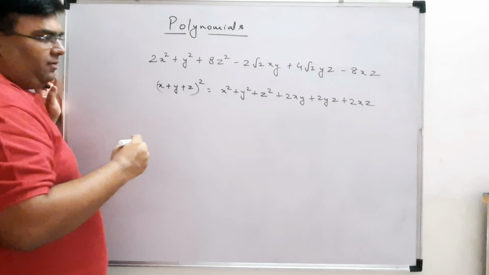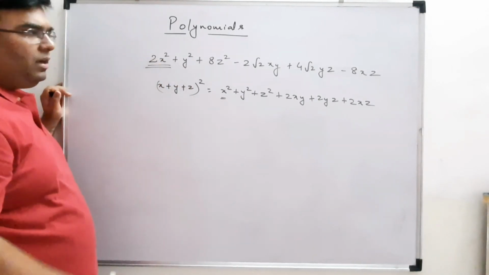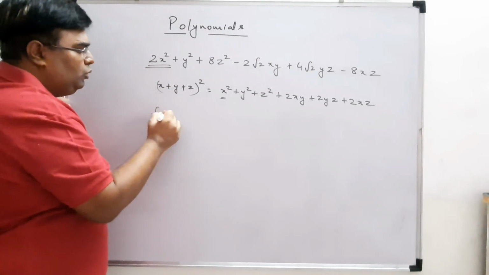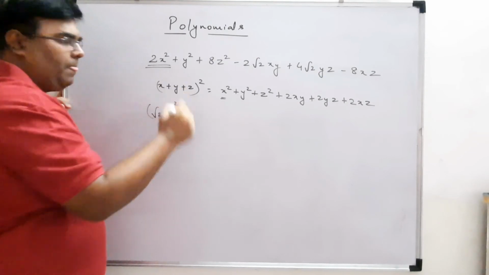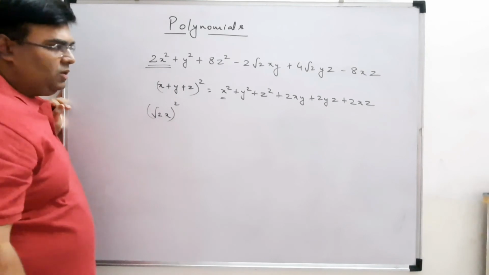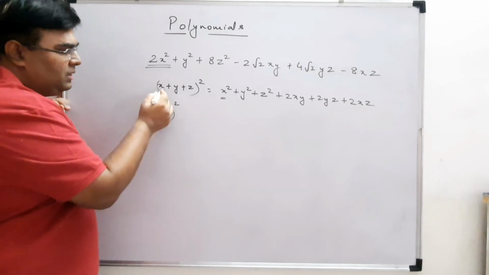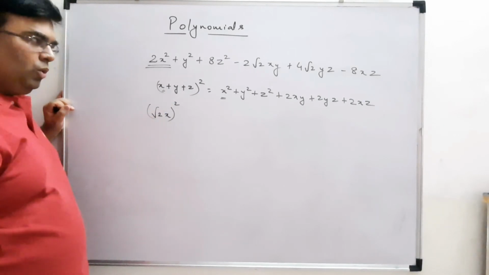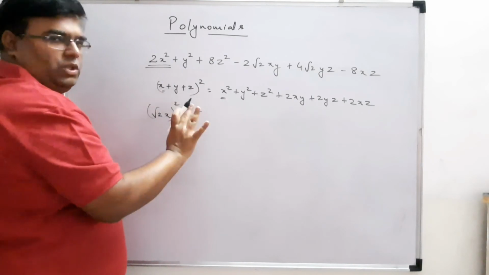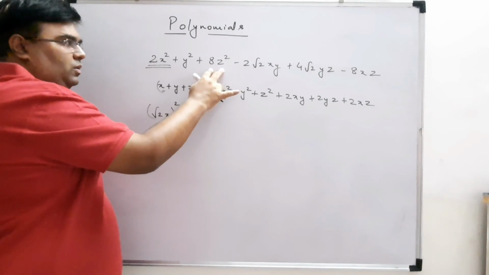My first term is x square, and can we make the whole square here? It will become root 2x, so that root 2 square will become 2, x square will become x square. So we have got our first term here, root 2x. We can simply replace this x by root 2x. Let us check other terms also. Y square is simply no issue. Here it is 8z square.